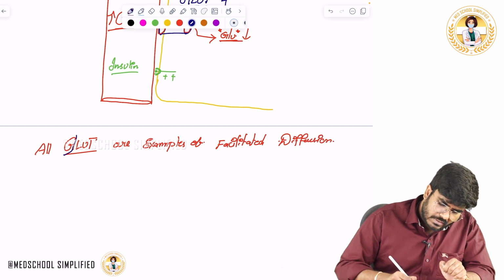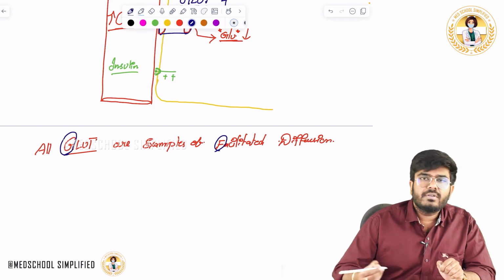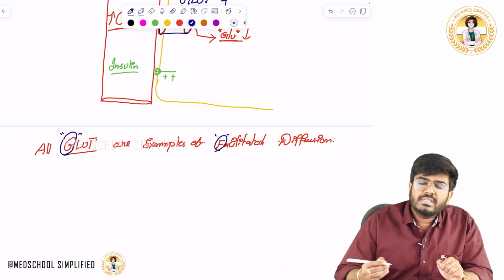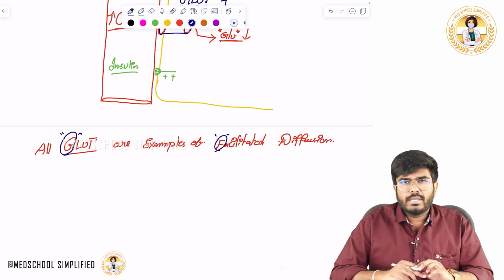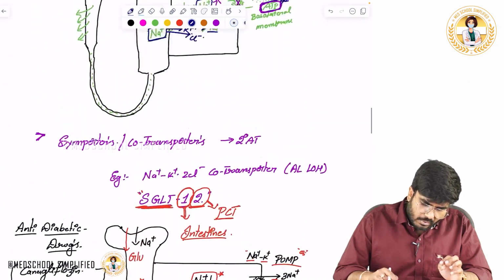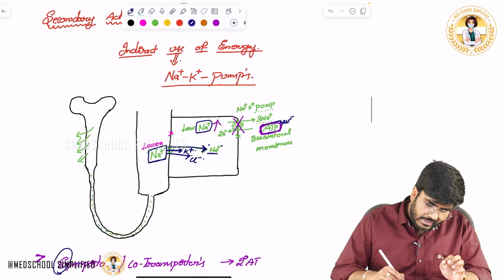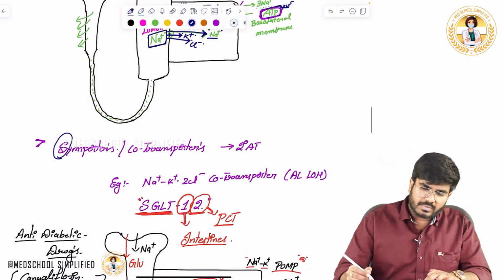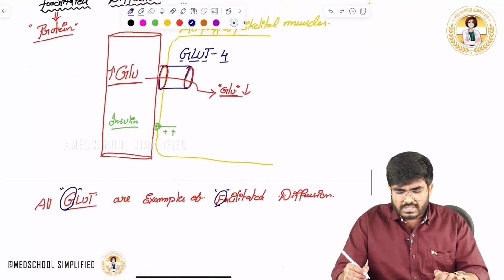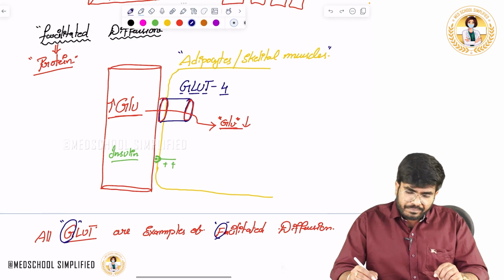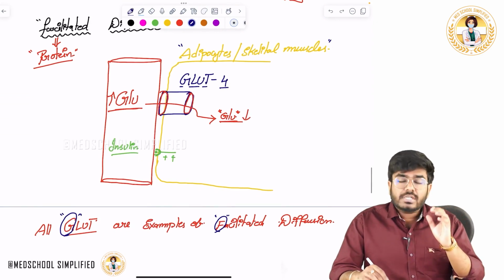Just remember GF. You know what GF is? Girlfriend kind of thing. So glucose transporters are examples of facilitated diffusion. Symporters are co-transporters, and they are examples of secondary active transport, S for S. So symporter for secondary active transport. GF, glucose transporters are facilitated diffusion. Okay, so facilitated diffusion is also completed.